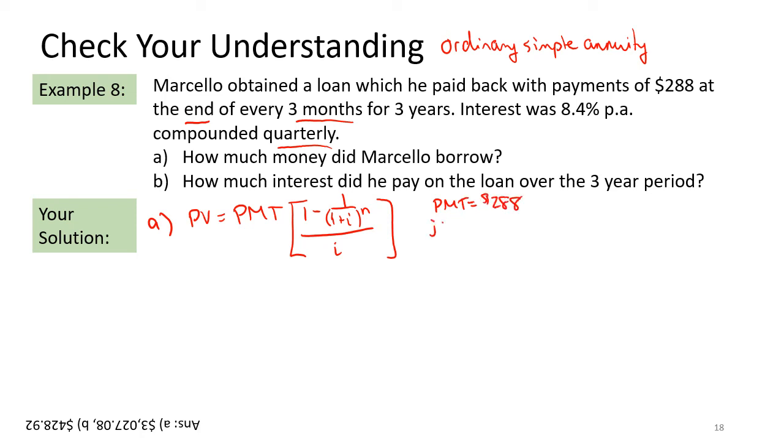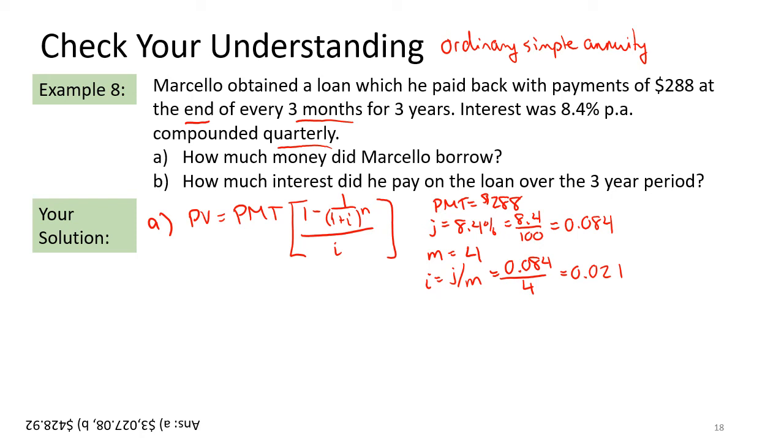His nominal interest rate is 8.4%, which is 8.4 divided by 100, removing the percentage sign, 0.084. The number of compounding periods per year, M, is 4 because it's given as quarterly. So our periodic interest rate is J divided by M, or 0.084 divided by 4, which is 0.021.